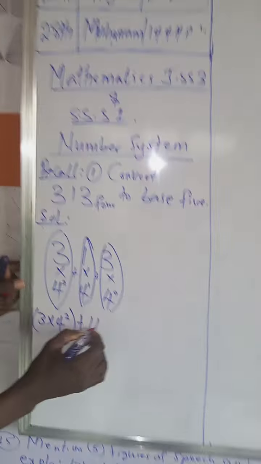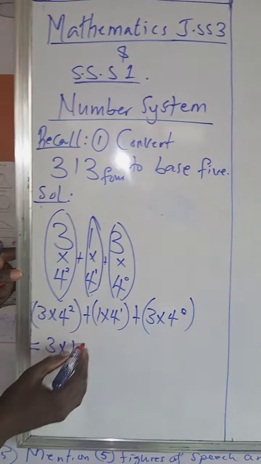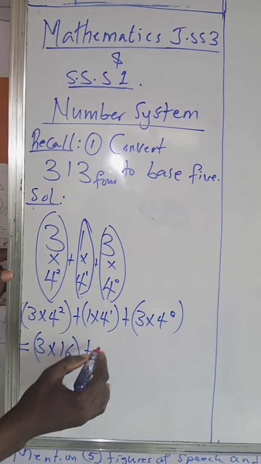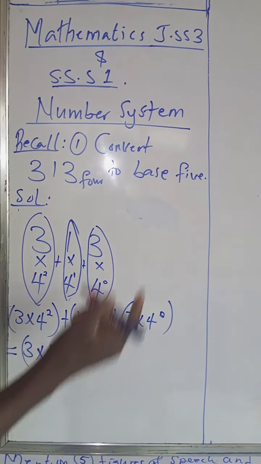So 3 times 4 raised to power 2: 4 times 4 is 16. So 16 plus 1 times 4 raised to power 1, plus 3 times 4 raised to power 0, which is 1, anything raised to power 0.